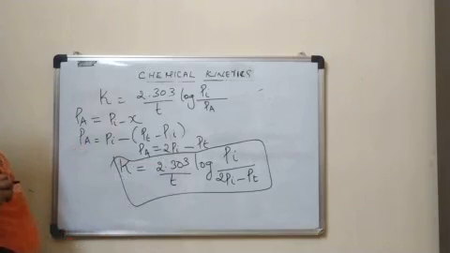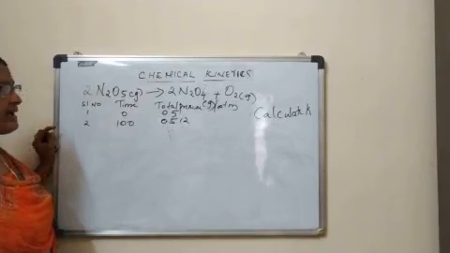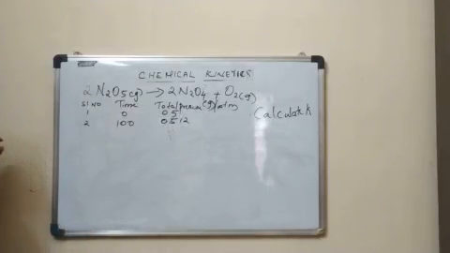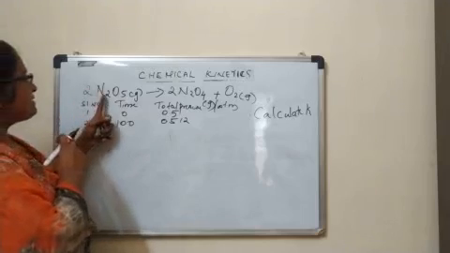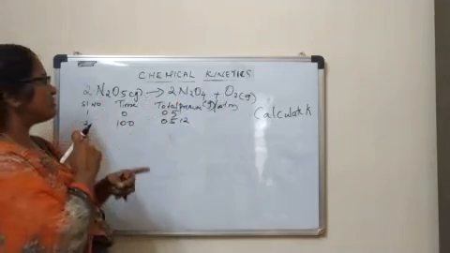Then we can do one numerical. Here we shall do a numerical based on this gas phase reaction in terms of partial pressure. For example, the data is given like this: the decomposition of N2O5 is given as N2O5 going to N2O4 plus O2 gas.